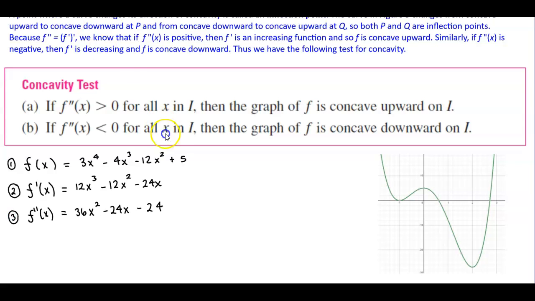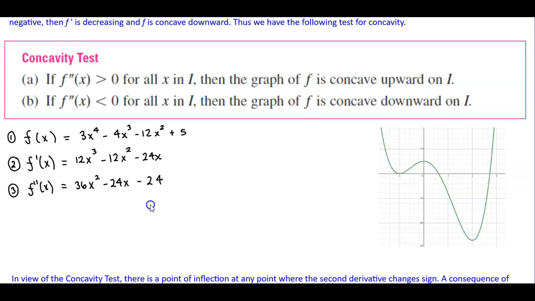Okay, so what can we factor out of these three terms? We can factor out a 12. So if we factor out a 12, we end up getting 3x squared minus 2x minus 2. Now we're going to set this equal to 0. So we have 12 times 3x squared minus 2x minus 2 equal to 0.